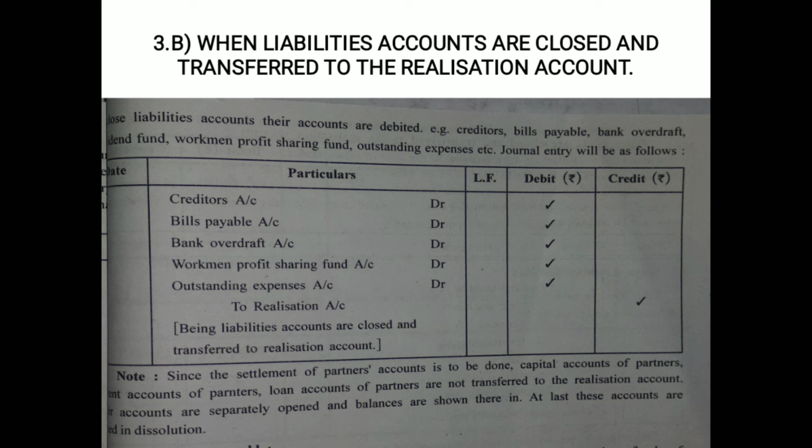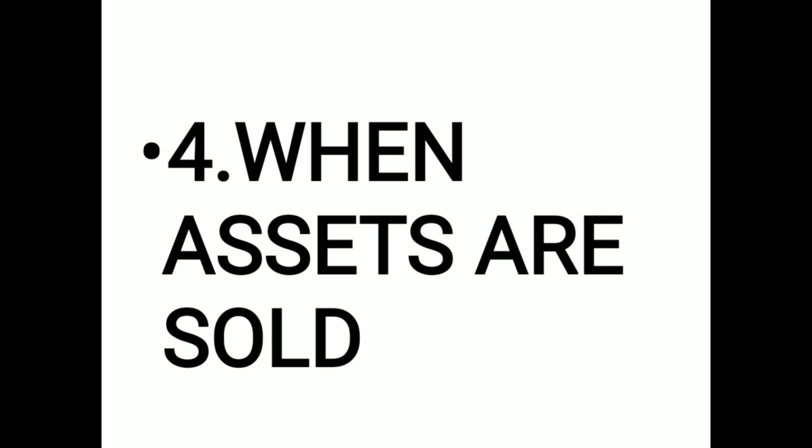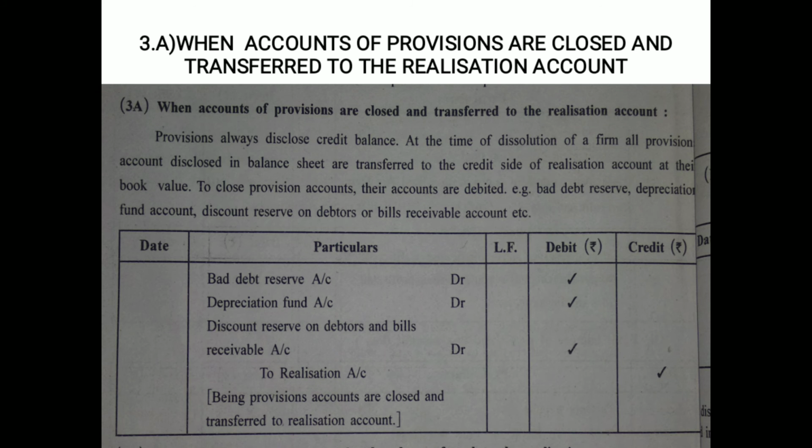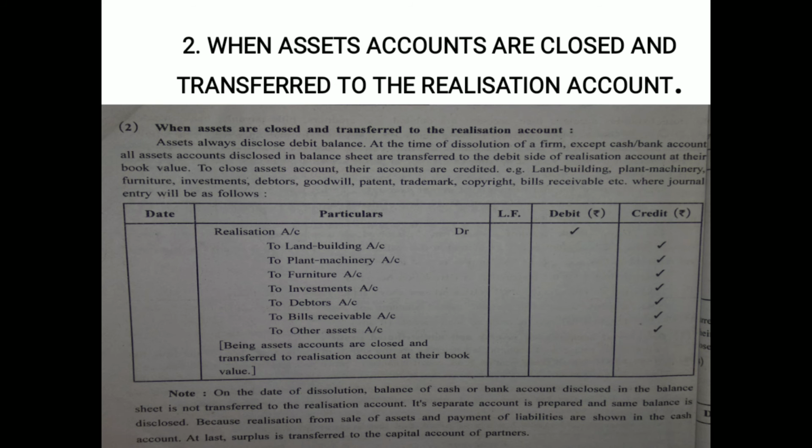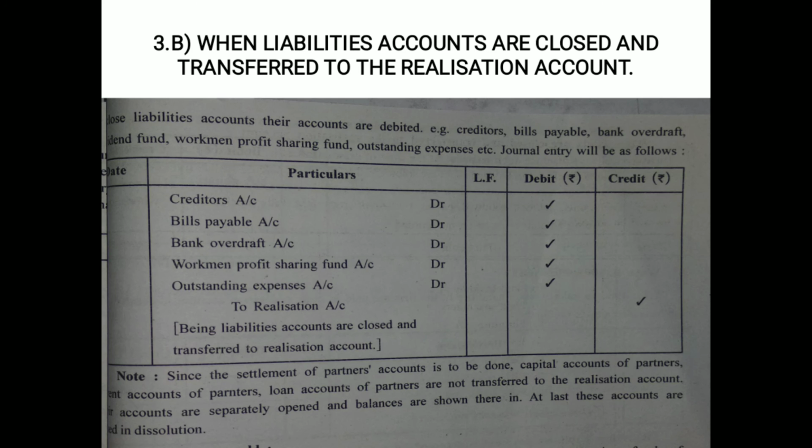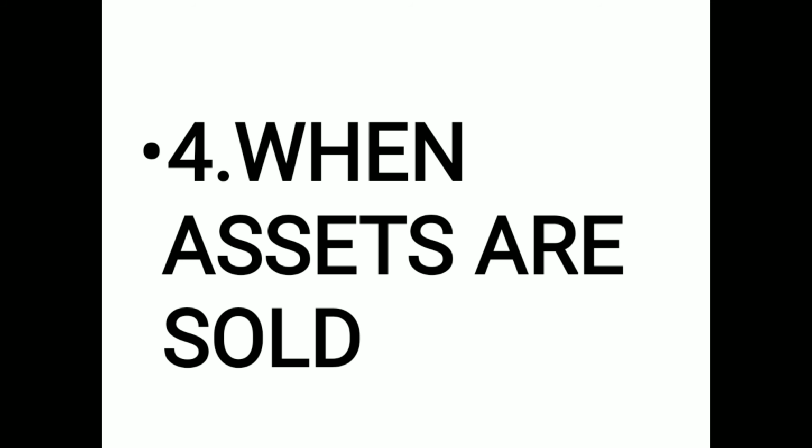Alright. Let us see what is the next topic. An important one: when assets are sold. Here we had a journal entry where assets accounts are closed and transferred to realization account. Why have these accounts been closed? Because the assets are to be sold.